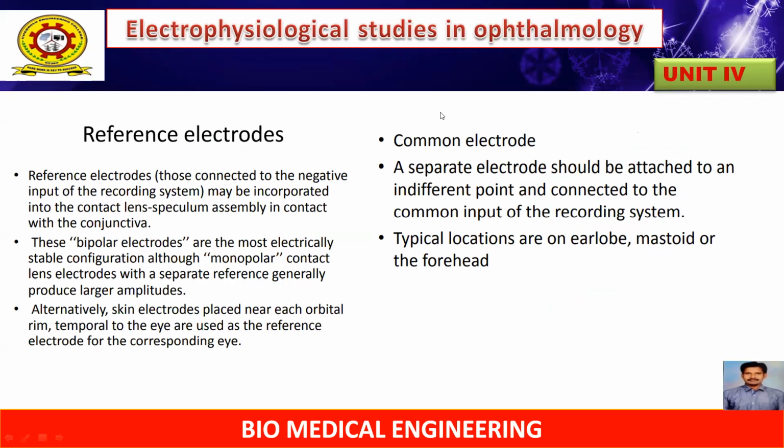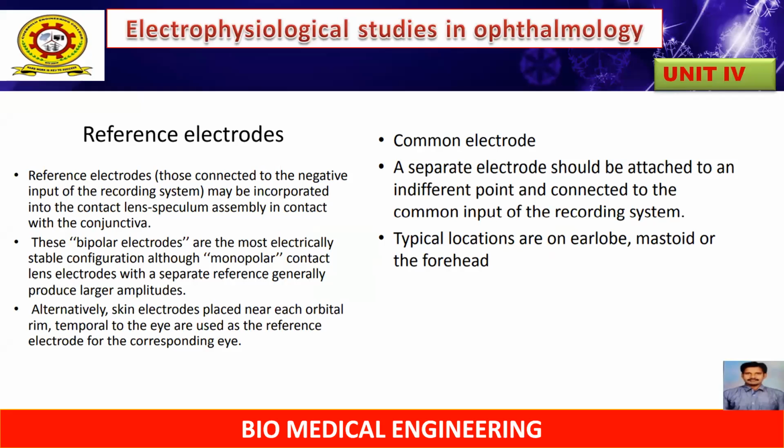So you are familiar with the reference electrode. How are the reference electrodes helpful for biopotential reading? The reference electrodes may be incorporated into the contact lens speculum assembly in contact with the conjunctival material.